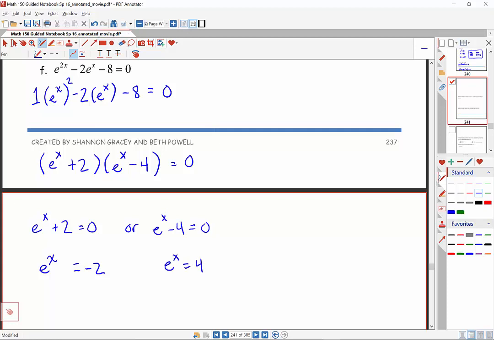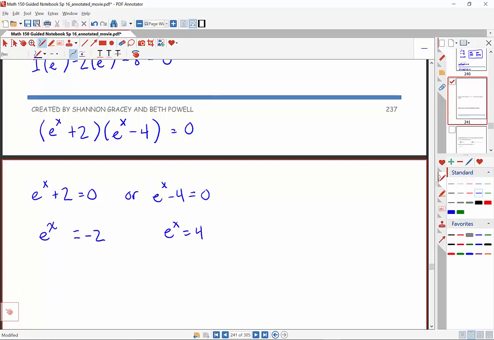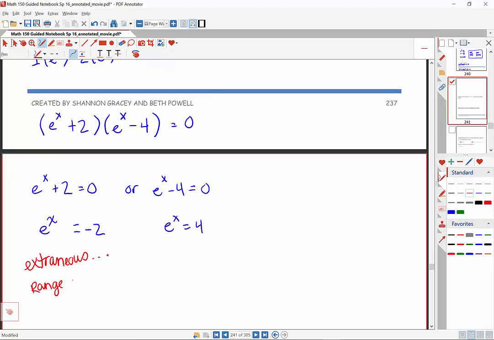So what do you think? Good. This one is extraneous because why? Good. The range of e to the x is from 0 non-inclusive to infinity, so you can't have a negative result, so this one is out. But this one's fine, and what do you think we should do?